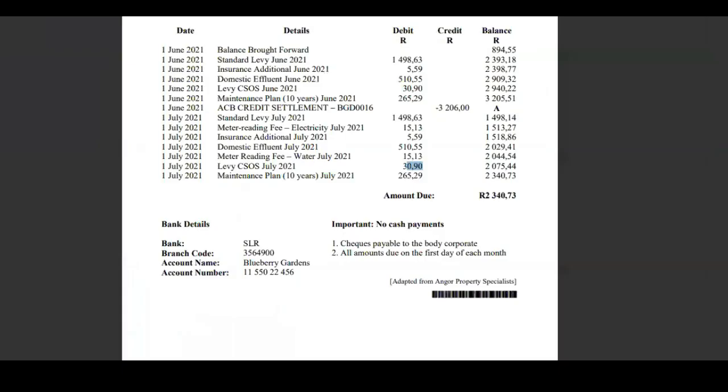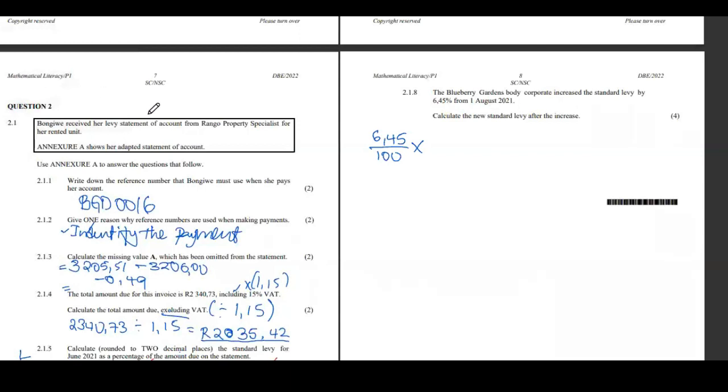So we go to the next chart and look for the standard levy. The standard levy is this amount here, 1,498 rands 63 cents. So we shall come here and multiply 1,498 rands 63 cents, put it in brackets.